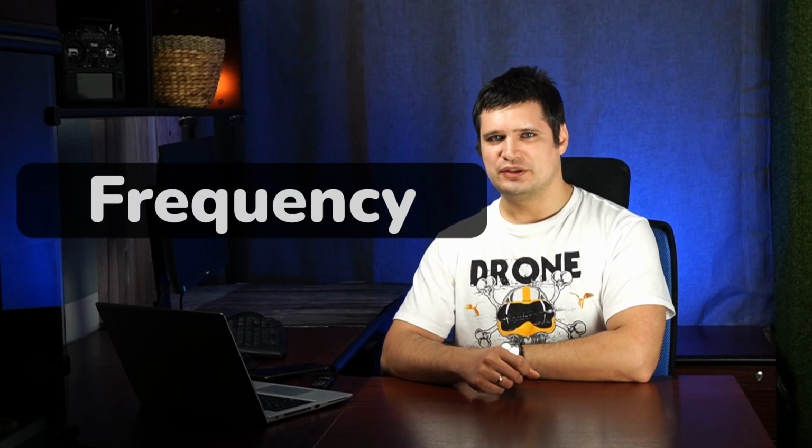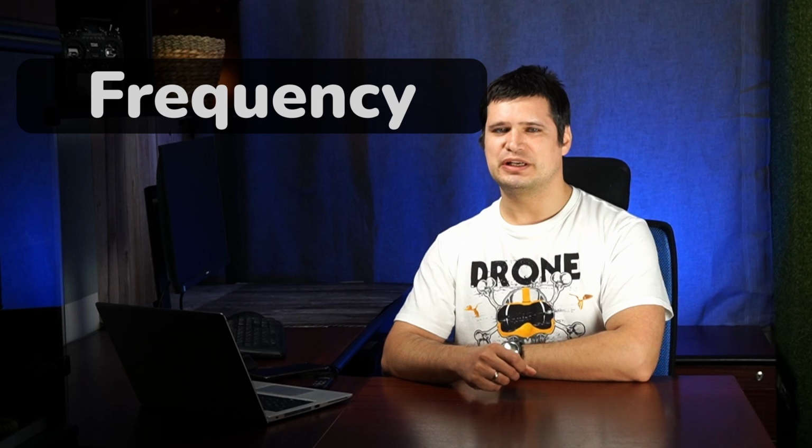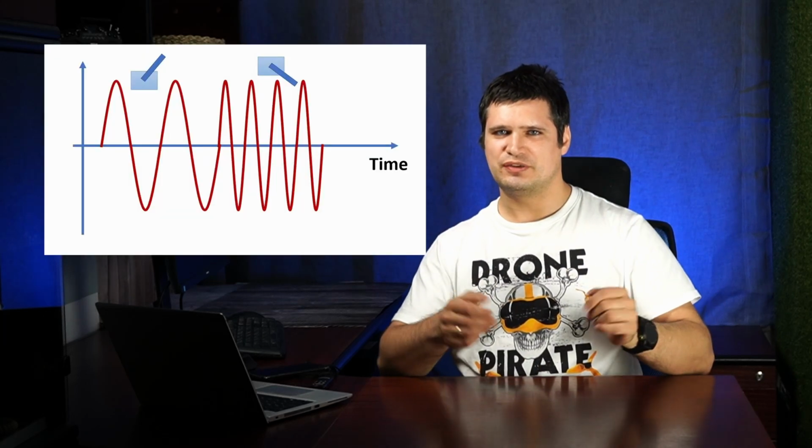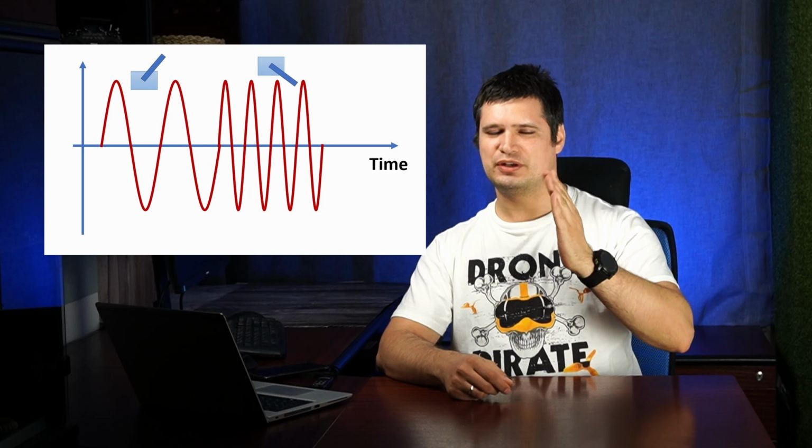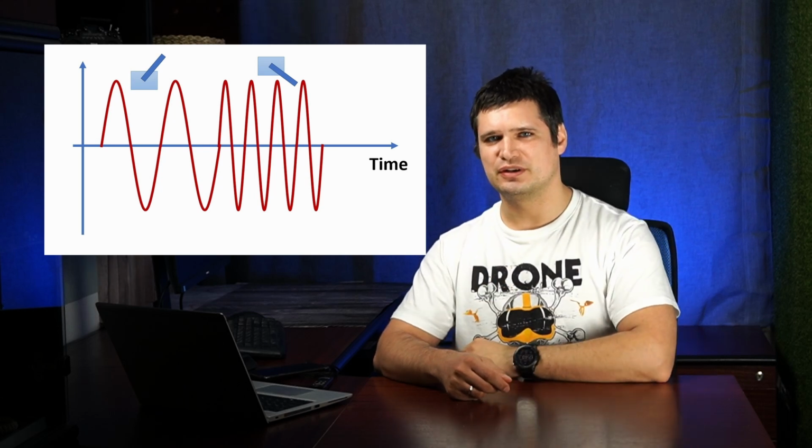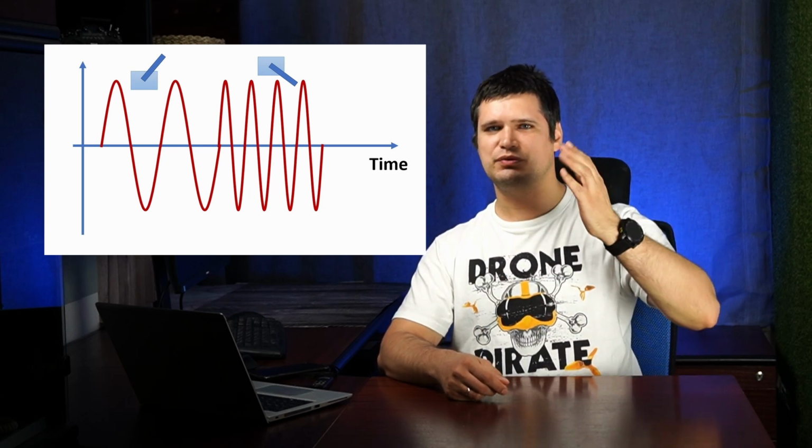Another example is frequency. We can agree that one position of the stick means one frequency and another position of the stick means another frequency. When we move the stick, we just change the frequency. And when we go away from the transmitter, yes, we will have a lower value of the signal, but the frequency will remain unchanged.